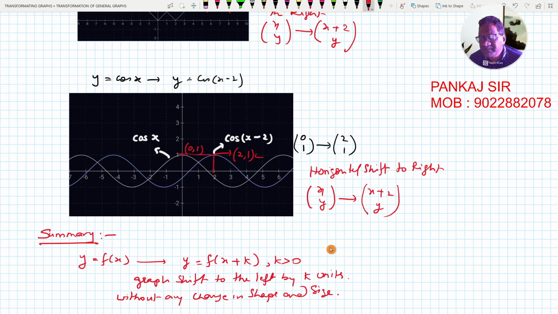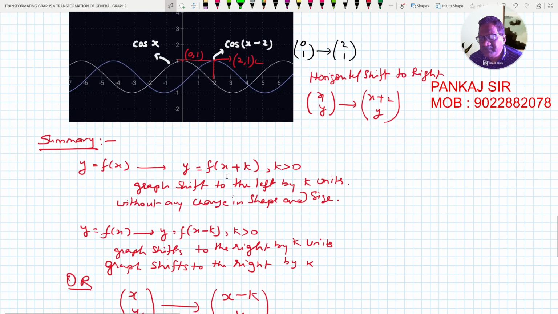So the summary of this transformation that we have studied so far is this. Suppose you have a parent function y is equal to f of x, and it is getting transformed to y is equal to f of x plus k, where k is a positive number. Then the graph of the parent function will shift to the left by k units without any change in the shape and size of any other part of the parent function.